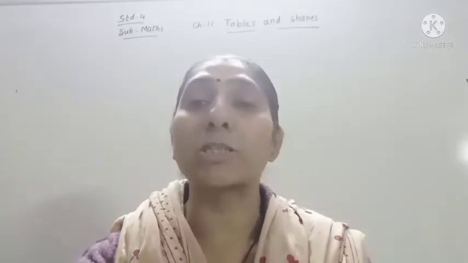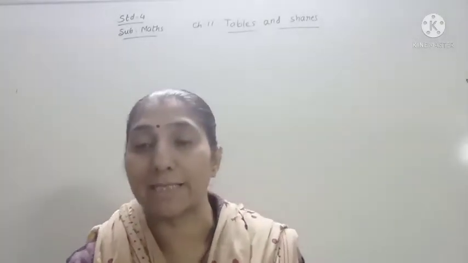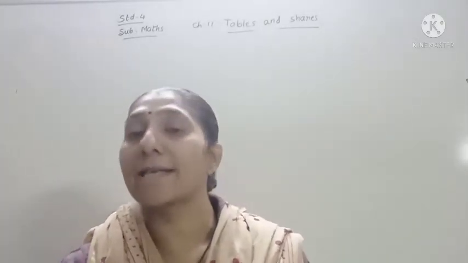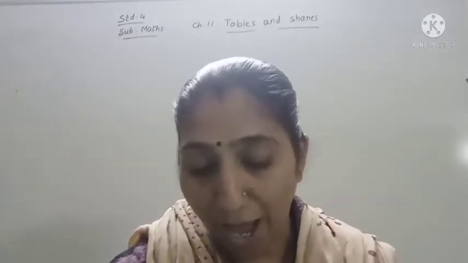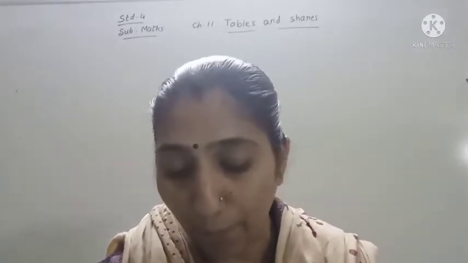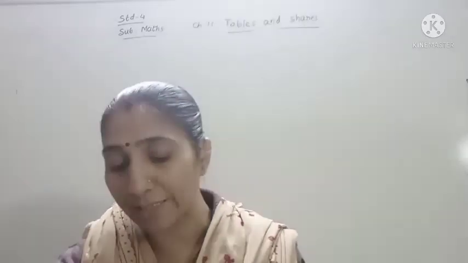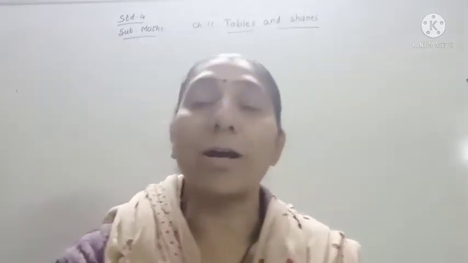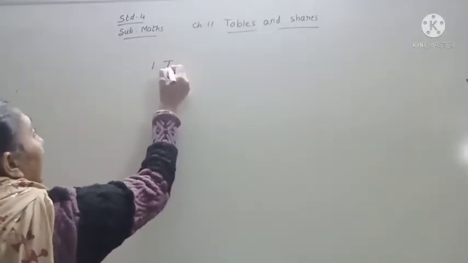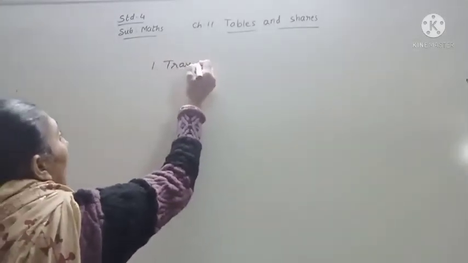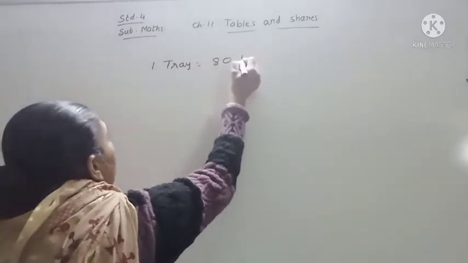Now Rabia wants 23 small boxes. In each box she asked to pack 4 laddus. So are the sweets in the tray enough to pack 23 small boxes? Now a tray is having how many laddus? One tray is equal to 80 laddus.